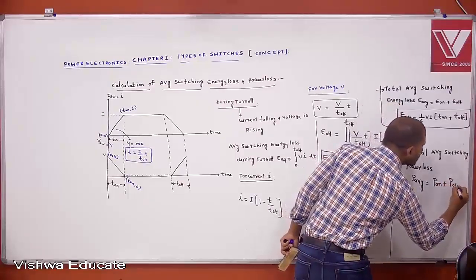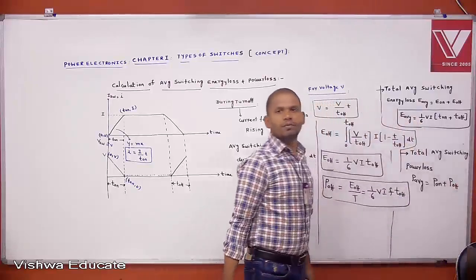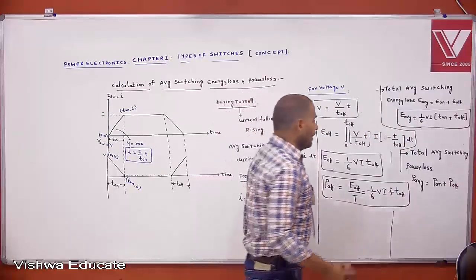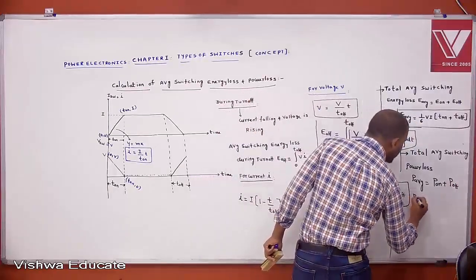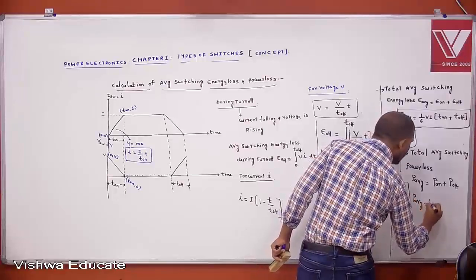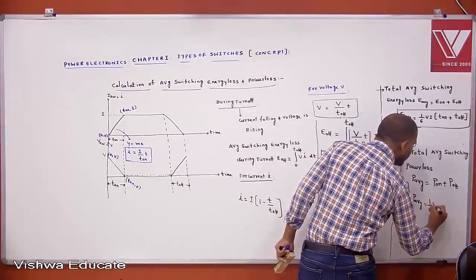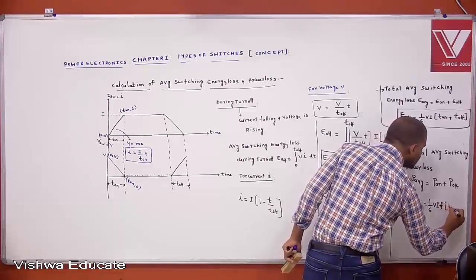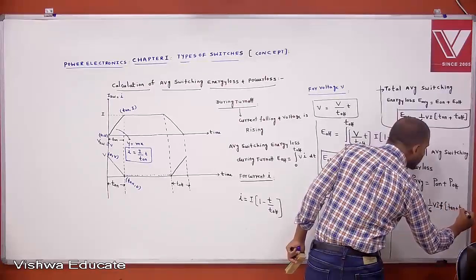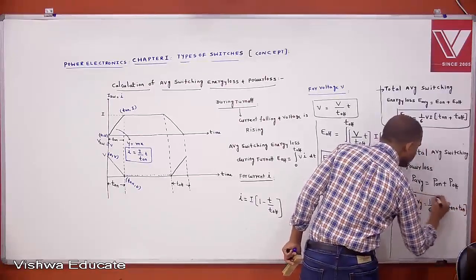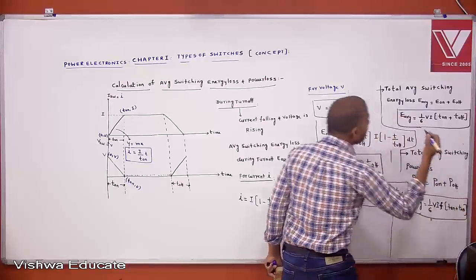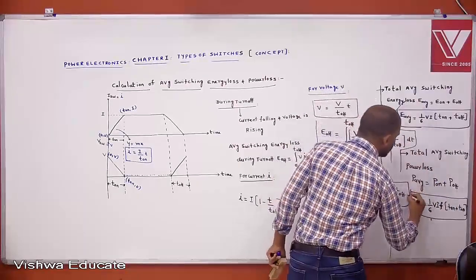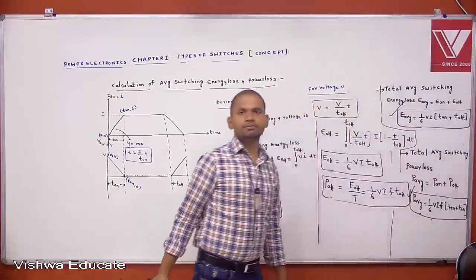Then P average equal to what you can get? 1 by 6 Vi F into T on plus T off. Extra, you get the frequency. This is an important equation.